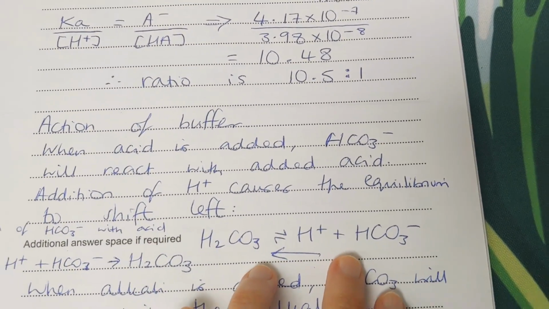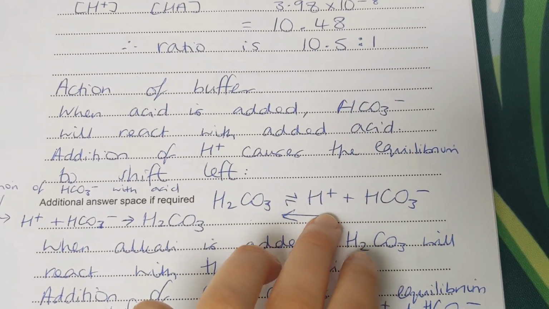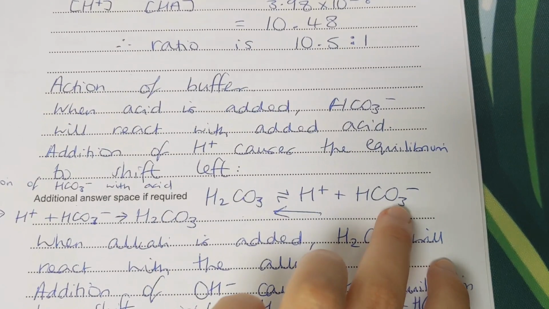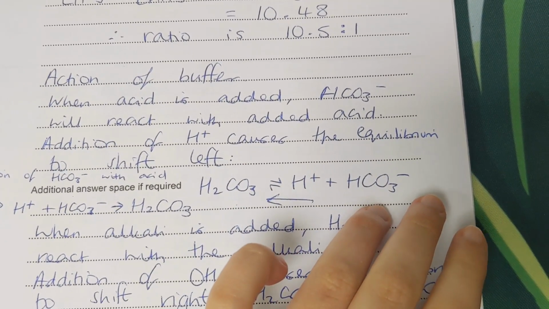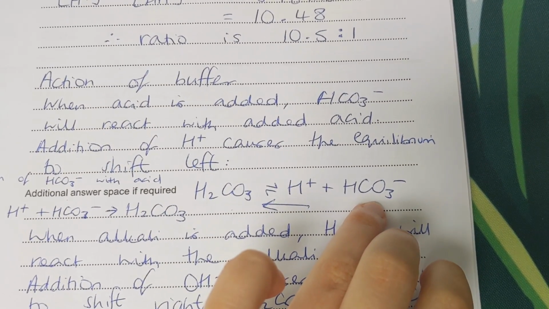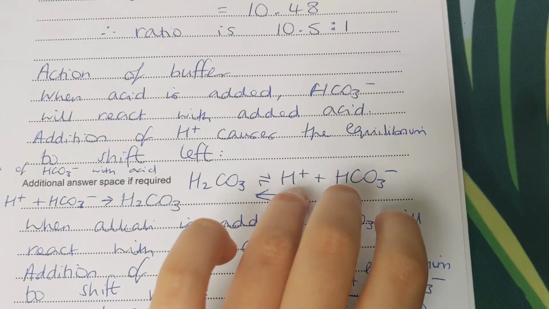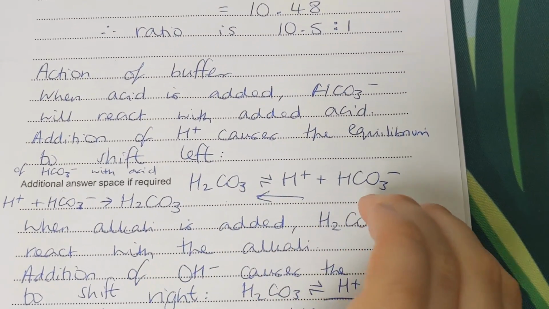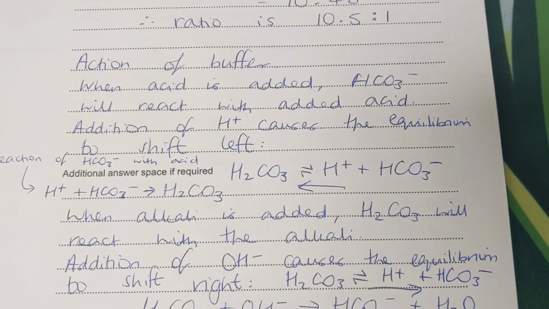This is the equilibrium, so this is carbonic acid splitting into hydrogen ion and its conjugate base. Since the conjugate base will react with the added acid, it's doing this reaction, HCO3 minus plus the H plus that's been added from the extra acid is going to move the equilibrium this way to form more of the carbonic acid.